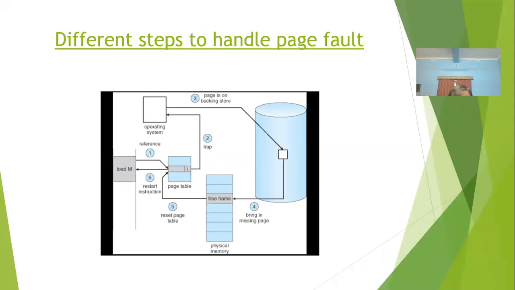Next, the OS will decide that the interrupt just generated is due to some sort of page fault. It will check the page reference, whether it is legal or not, and then determine the location of the page on the disk. The next task is to issue a read request from the disk, and that will be copied to a free frame.